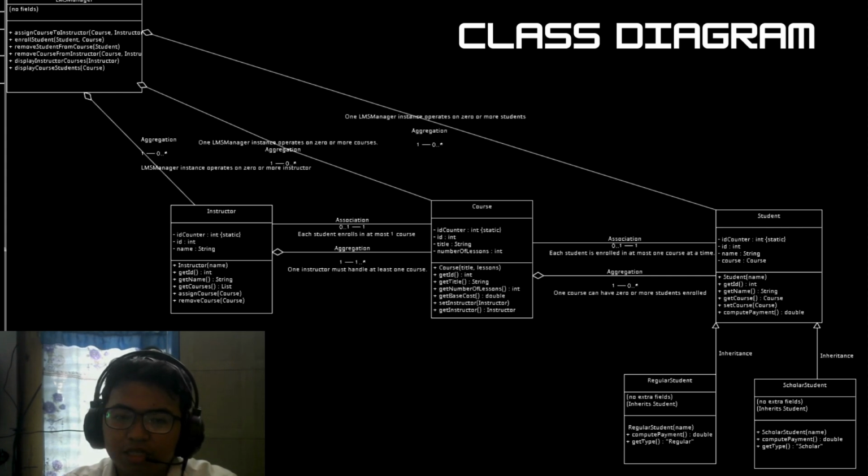Then the next class is the instructor. It handles courses. One instructor can manage one or more courses. Then next is the course class, which has one instructor and can have many students.